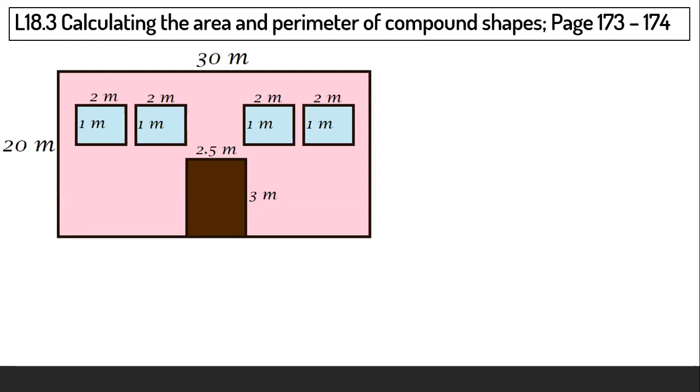I started the timer right now, by the way. Do it by yourself.